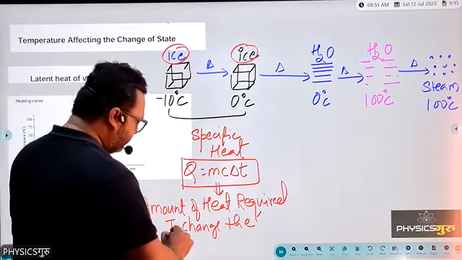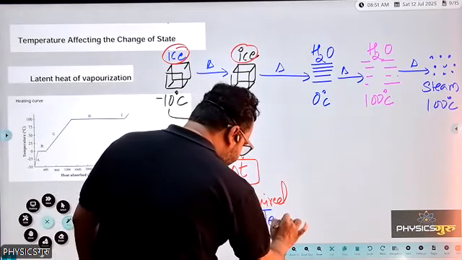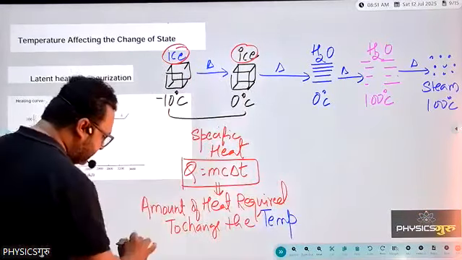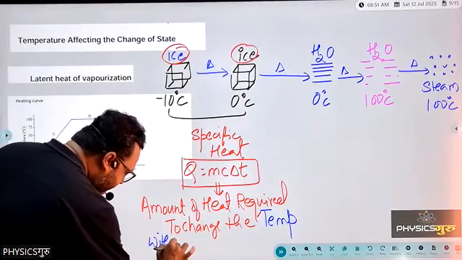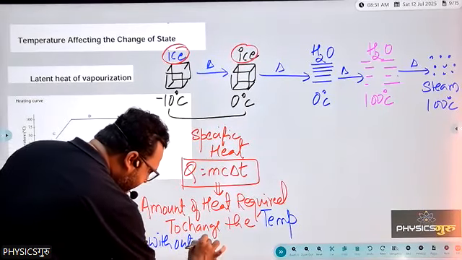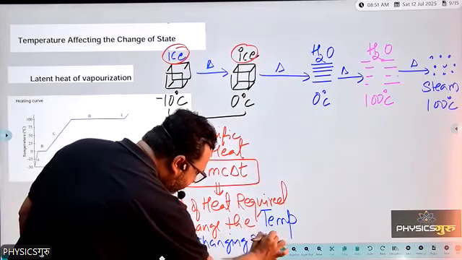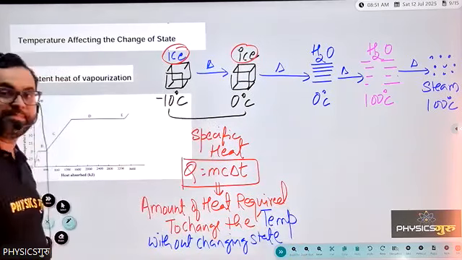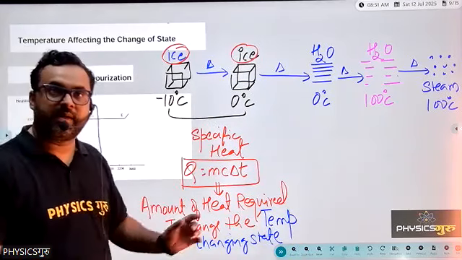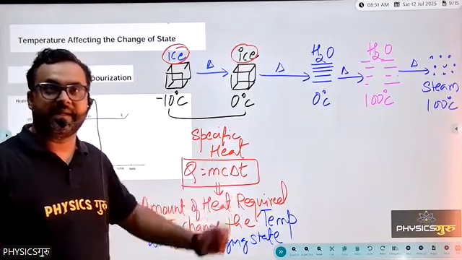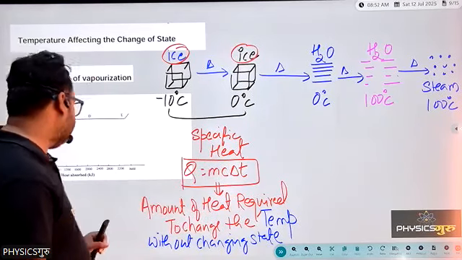The amount of heat required to change the temperature without changing state is called specific heat. And the formula is Q is equal to mc delta T.